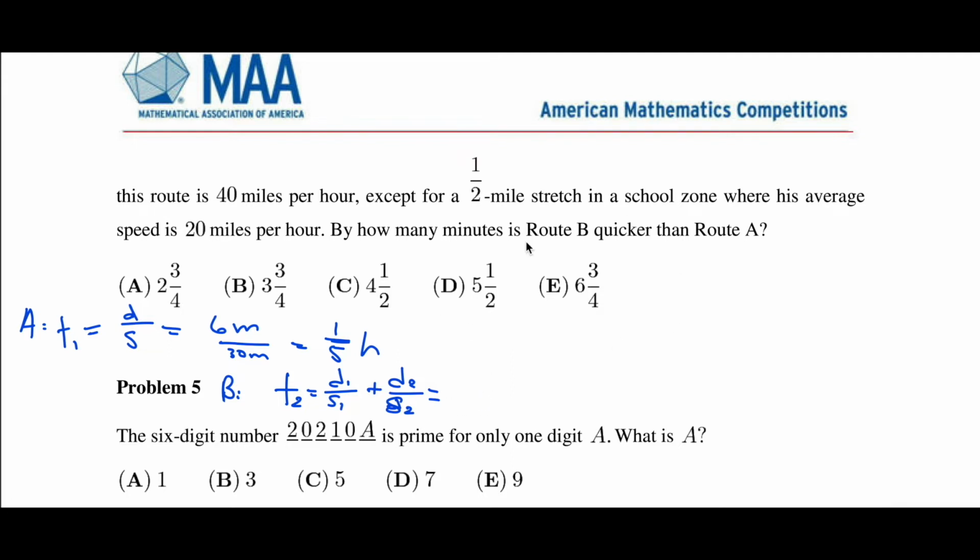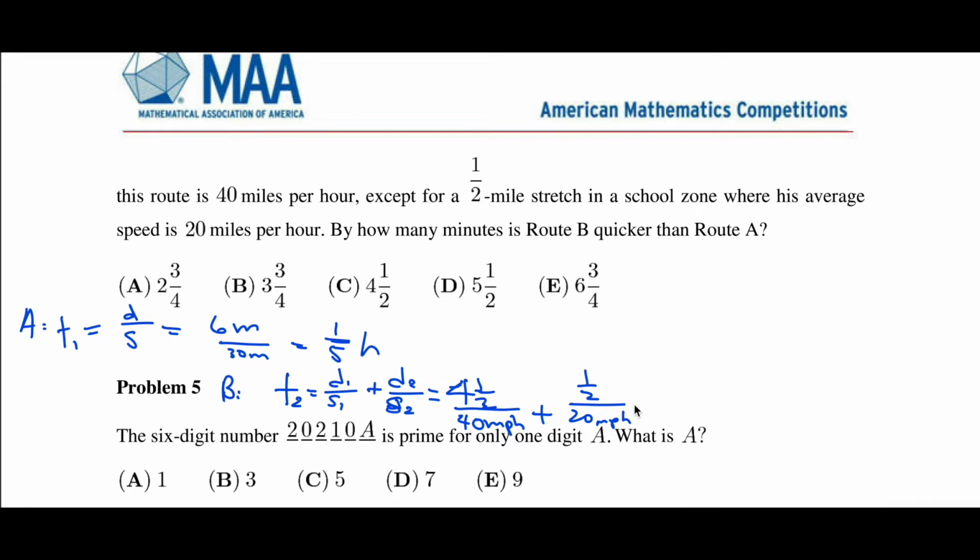And then we do the same thing, we plug in the information from the question. So we have 4.5 over 40 miles per hour, and plus half over 20 miles per hour.